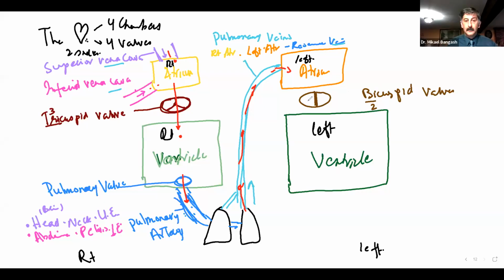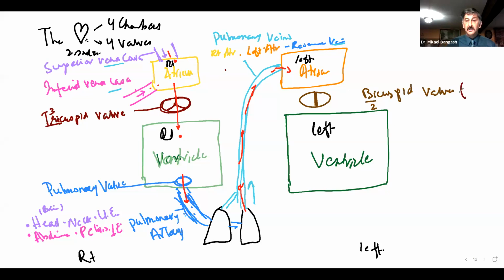Any questions at this point? Good. Now, the bicuspid valve is not only the only valve with just two flaps or two cusps, as we call it. It's also the only valve with two names.